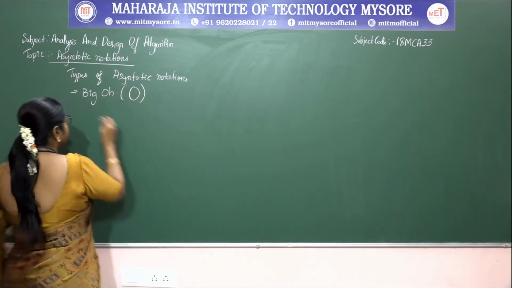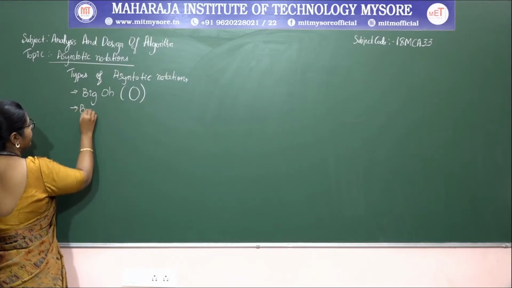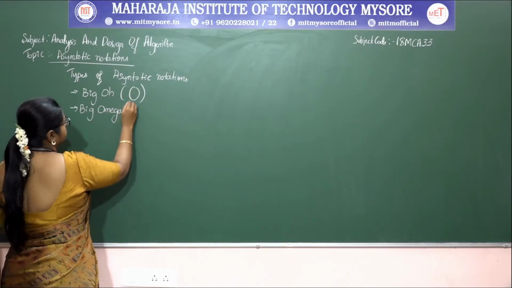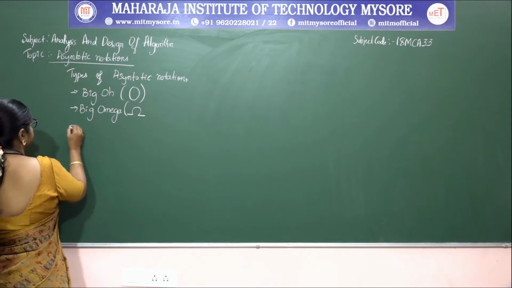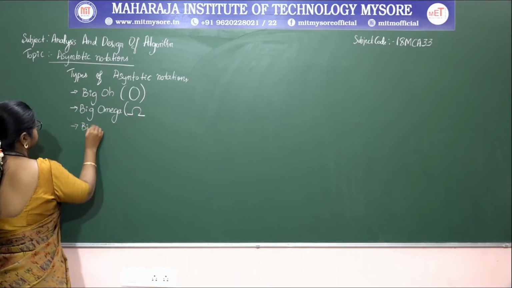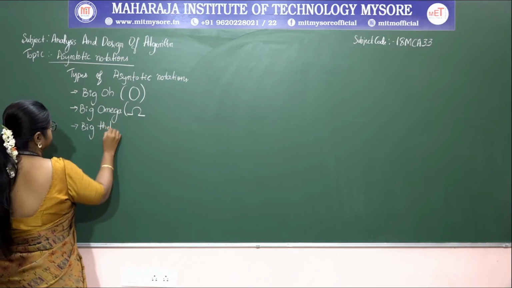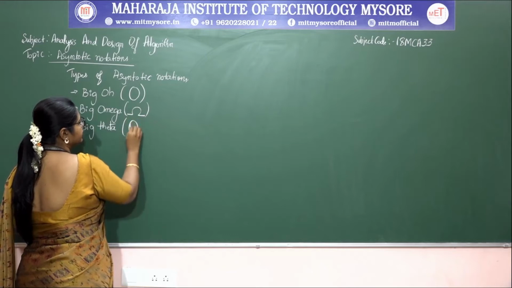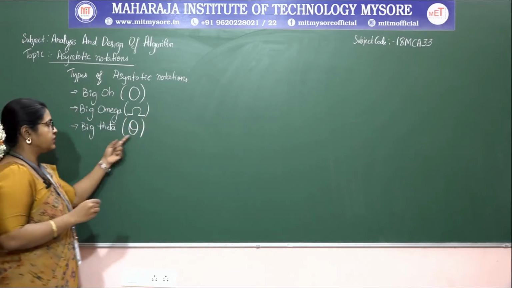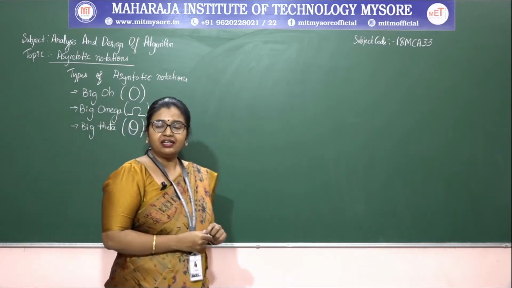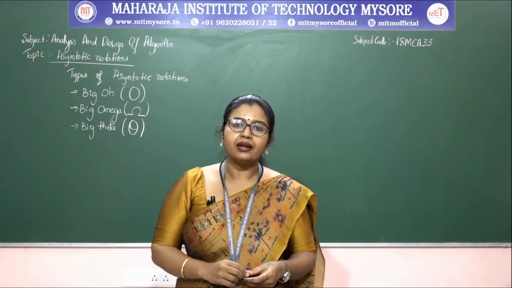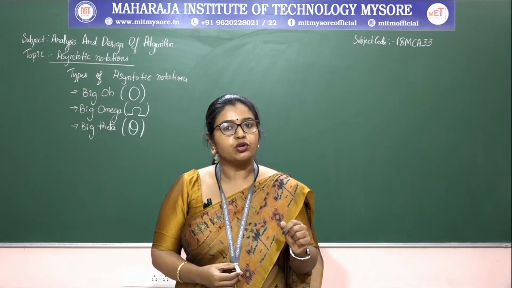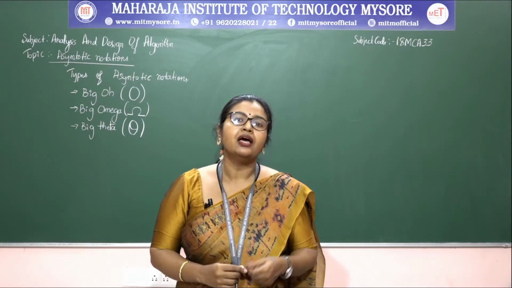The next notation is big omega. The next one is big theta, which is represented using this notation. Using these three notations we can represent the order of growth of an algorithm's efficiency in terms of the number of times the basic operation is executed.